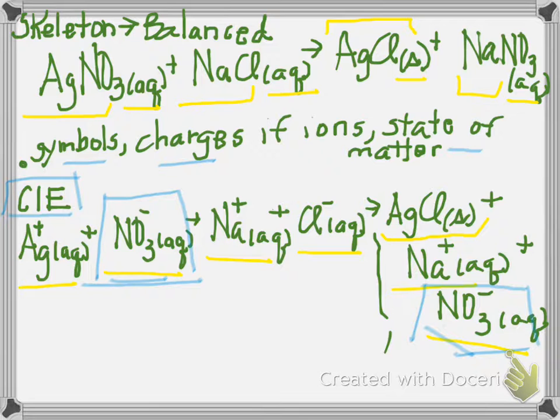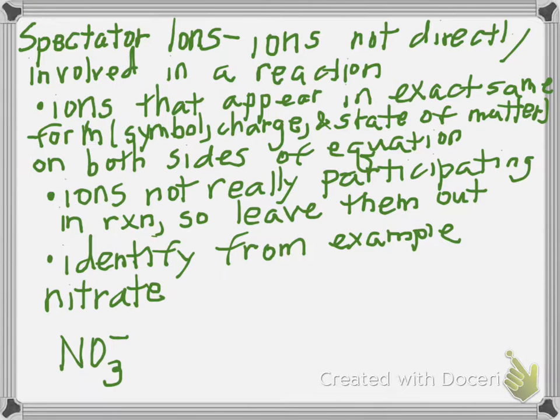Sodium, that is a plus, just to make sure. So sodium is Na+ aqueous, and we have Na+ aqueous. So sodium is also a spectator ion. Now remember, I have to call it sodium ion.